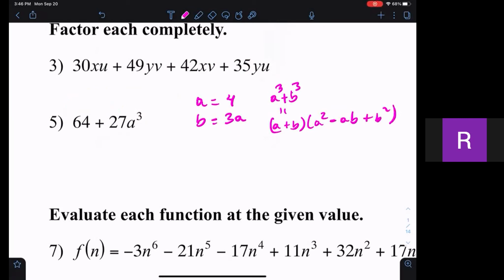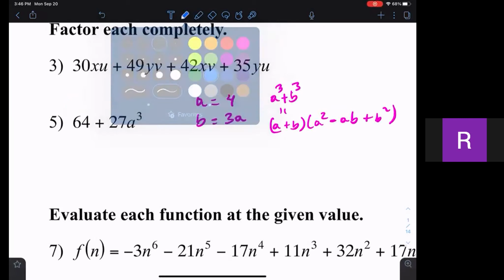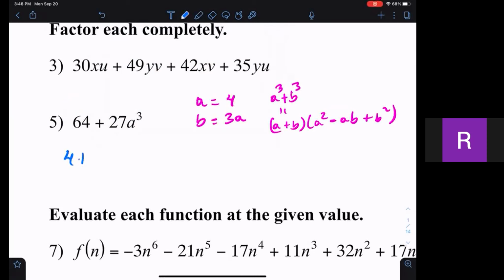So now you need to use a formula. Use the formula. So a is 4, b is 3a, right? And you should get the other values, right? So 16 minus 12a plus 9a squared. And if you take the discriminant here, this is a prime trinomial, right? So you cannot do anything. So you just leave it like that, okay?